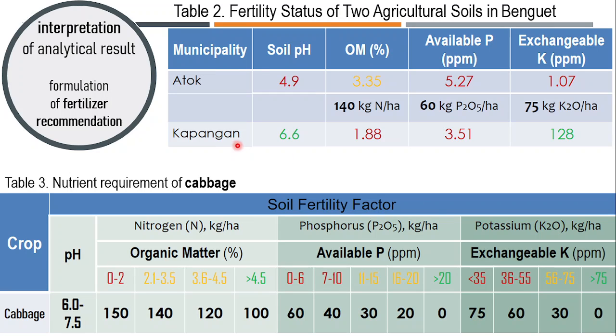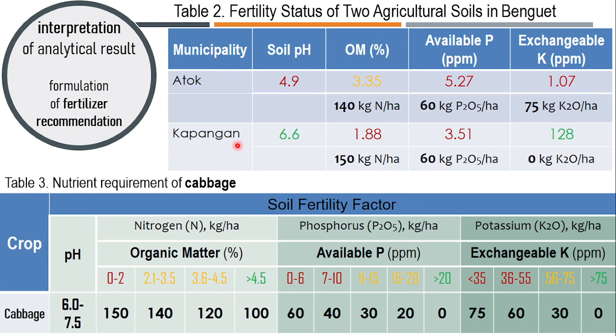How about the farmer from Kapangan? Ilan ang kailangan niyang i-apply? Okay, mababa yung kanyang organic matter content, so we need to apply 150 kilograms of N fertilizer per hectare. For the available P, 3.51, mababa din.